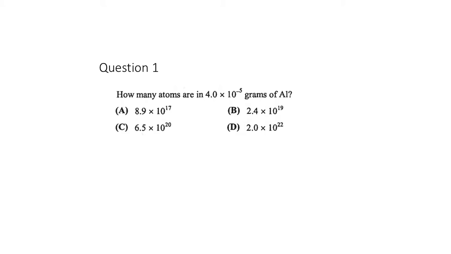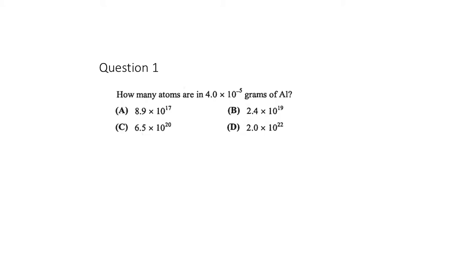Okay, so how many atoms are in 4.0 times 10 to the minus 5 grams of aluminum? Well, for this problem, what we're going to want to do is think about what the periodic table tells us for aluminum is the average atomic weight.